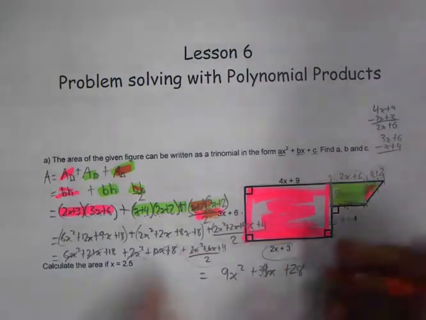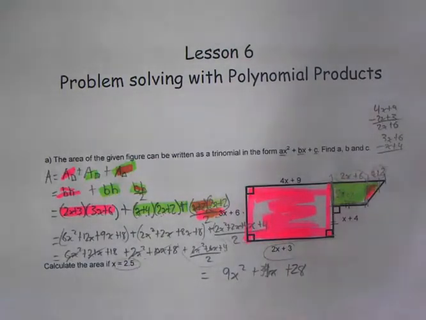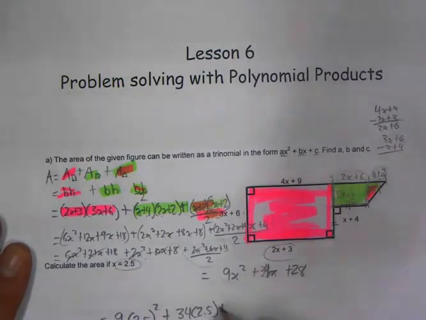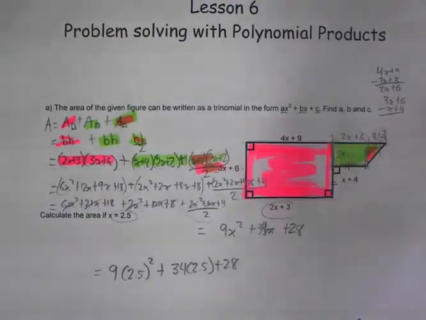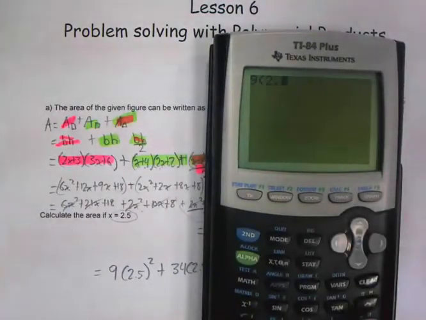That's a 4. Okay? Now, the next part says, if x is 2.5, calculate the area. So I have to go 9 times 2.5 squared plus 34 multiplied by 2.5 plus 28. So let's multiply that out. I'm going to have 9 multiplied by 2.5 squared, and push enter.